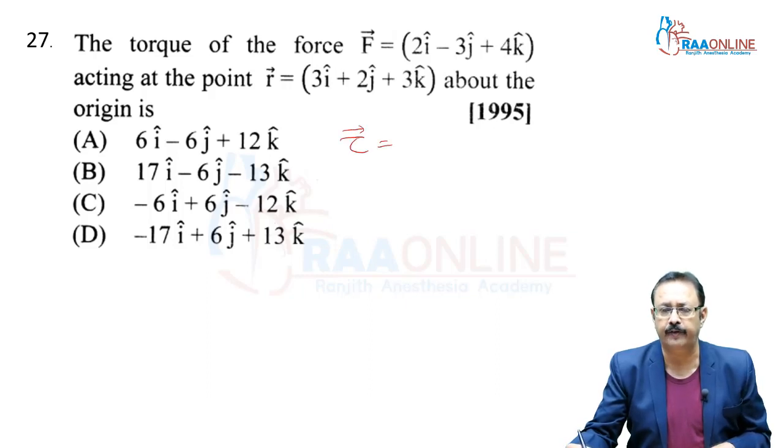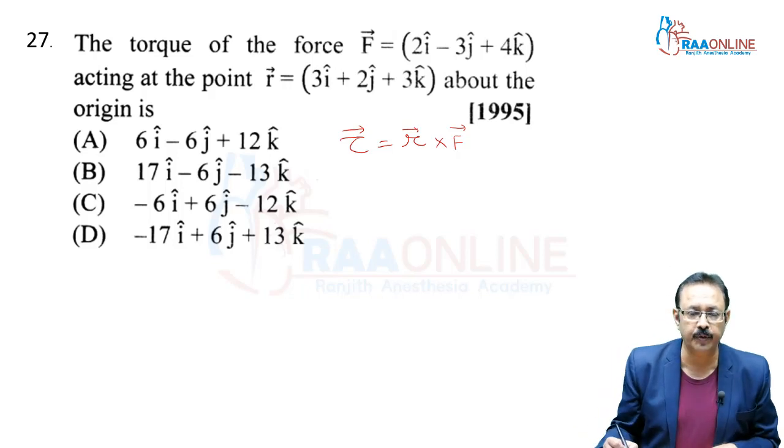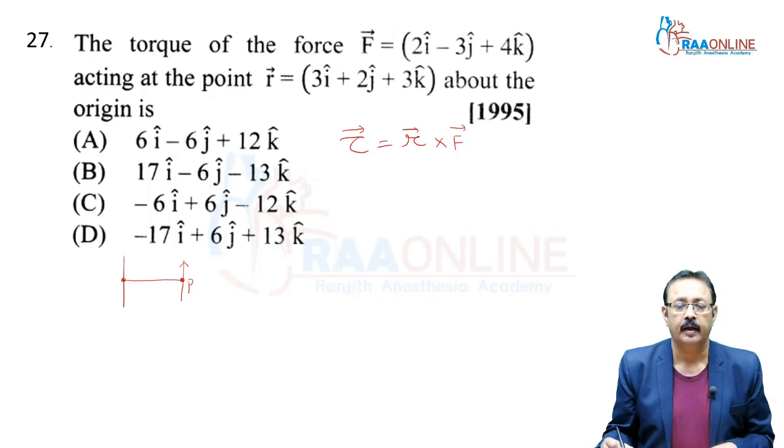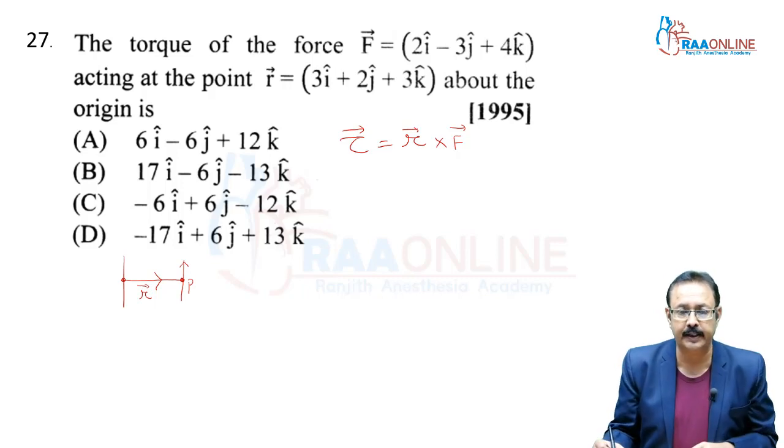R cross F. Remember, you have to write first R. They can confuse you if they give the position vector of the point P at which F is acting. R means you have to take the direction of R in this way. It is R, and force is acting on P in this direction, means torque is R cross F.